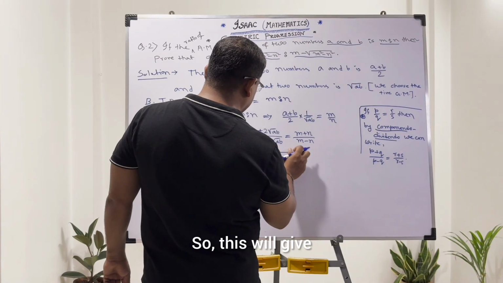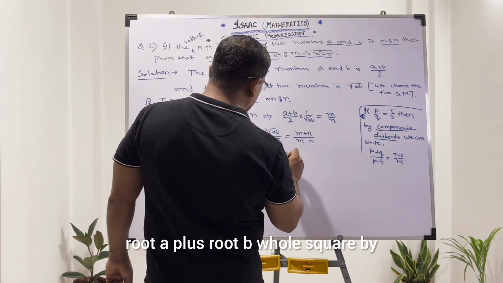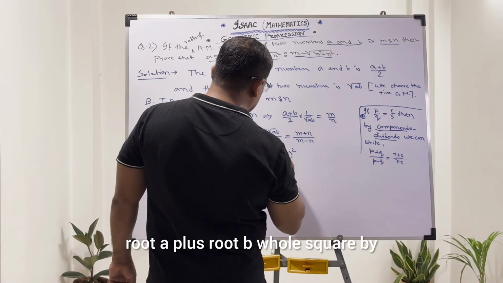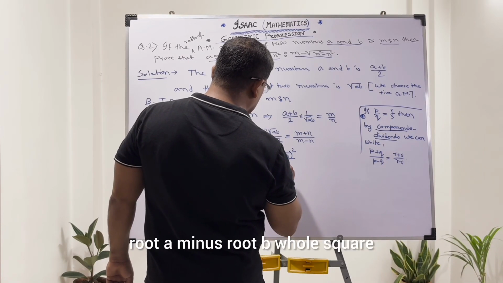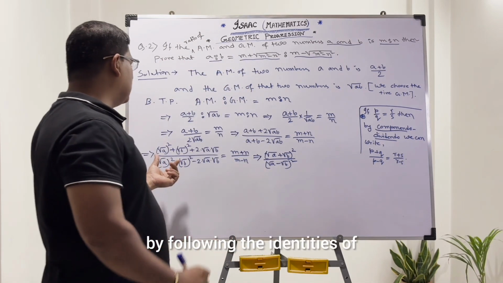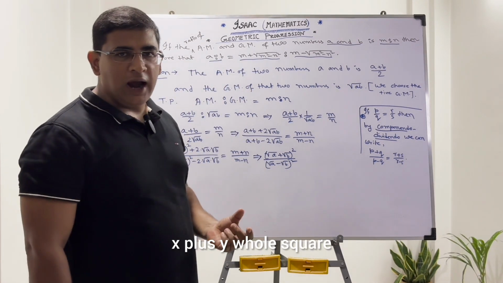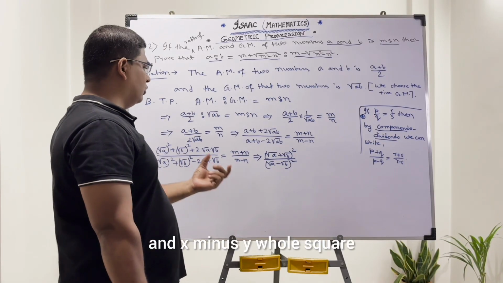So this will give root a plus root b whole square by root a minus root b whole square, by following the identities of x plus y whole square and x minus y whole square.